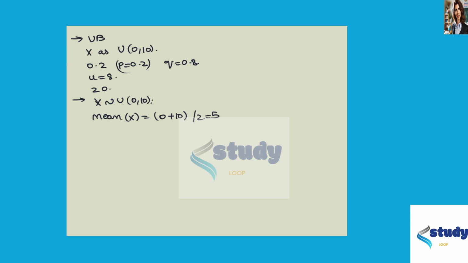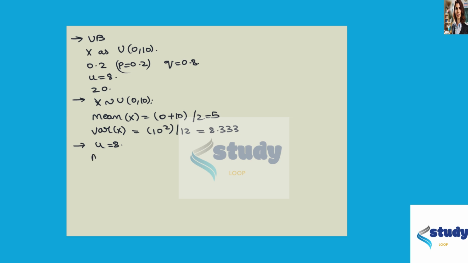That is, (A plus B) by 2. The variance of X is equal to 10 squared by 12, which is approximately 8.333. In the next step, we need to calculate the mean and variance of the aggregate loss for a single policy using a limit U equals 8.